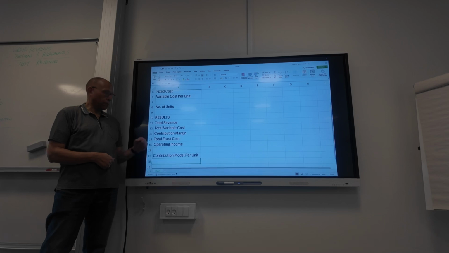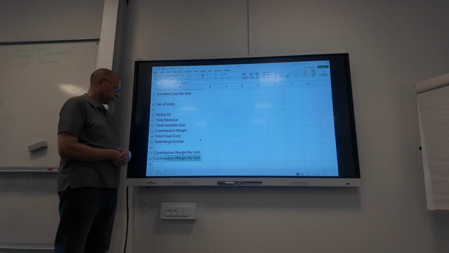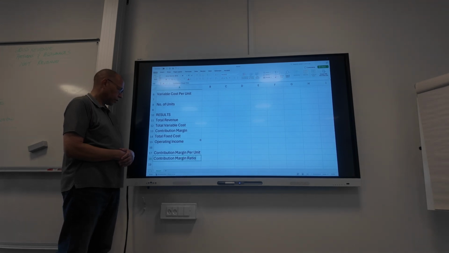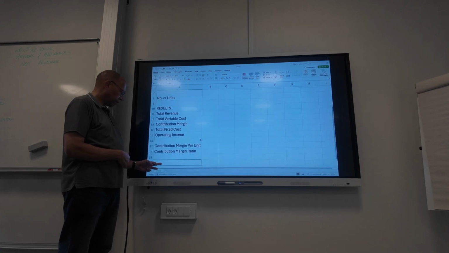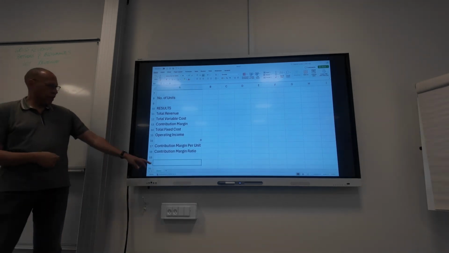Contribution margin per unit. Then we want contribution margin ratio. Enter, and then skip that line. Enter again. Okay. Then we want break-even point.